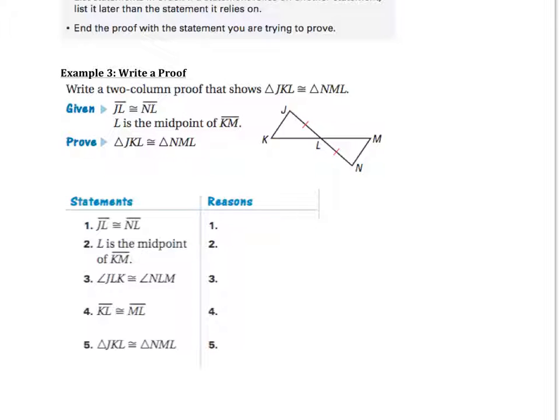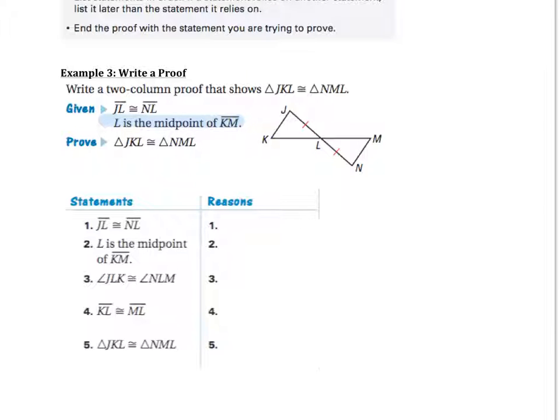Okay, so you see that the given information is that we have segment JL congruent to NL, and L is the midpoint. That's important. L is the midpoint of segment KM.